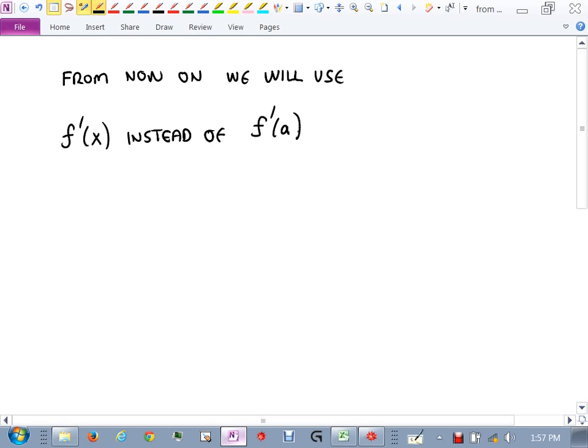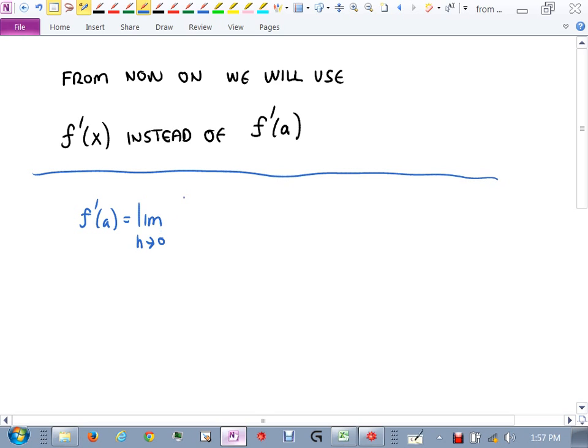So I'm going to replace the dummy variable a with x. Now this creates a problem because what were the two definitions we had for the derivative? Remember, it was f prime of a was the limit as h goes to 0 of f of x plus h minus f of x all over h.